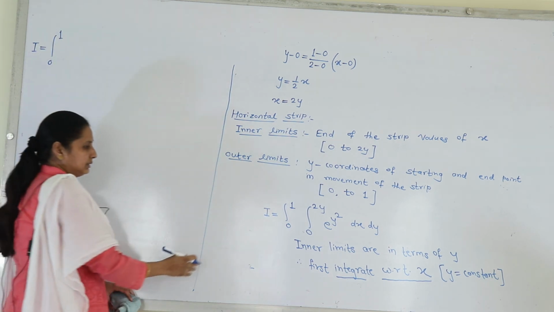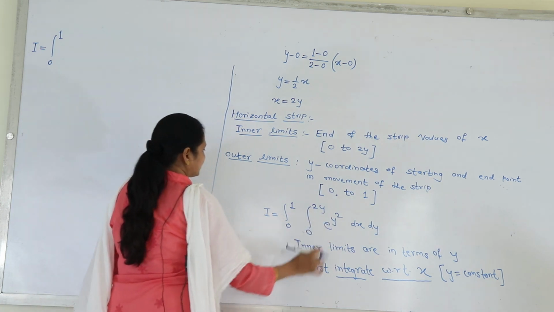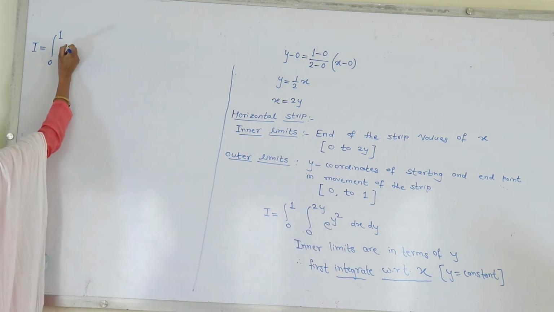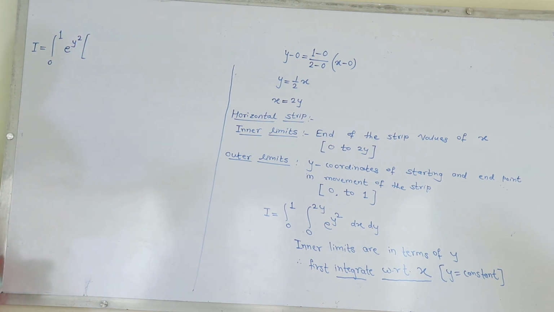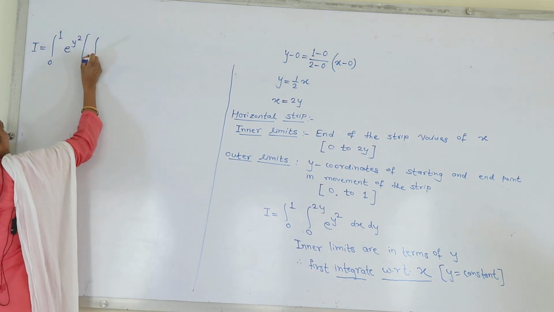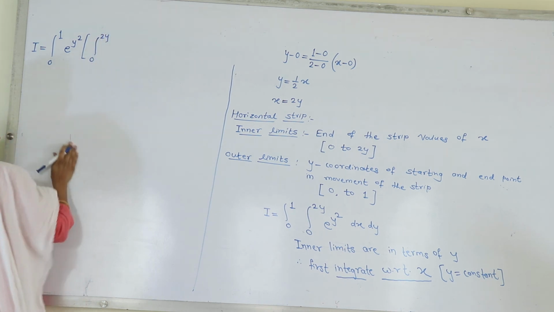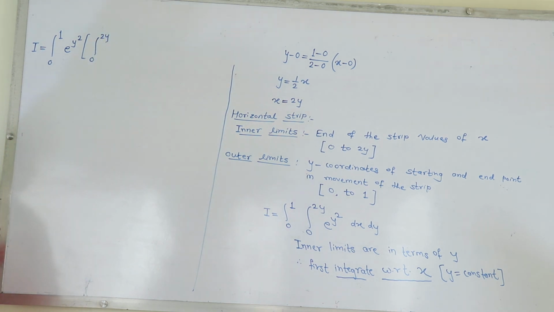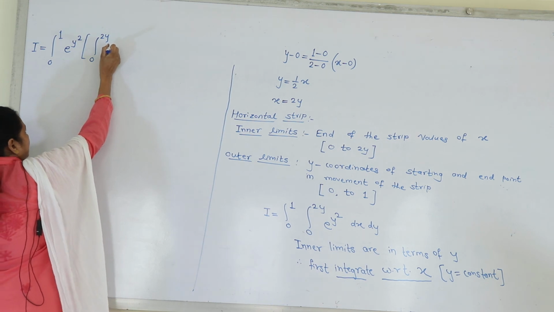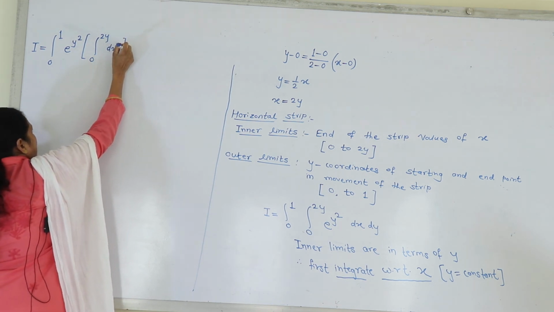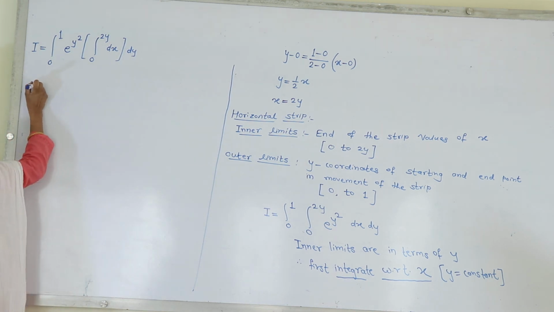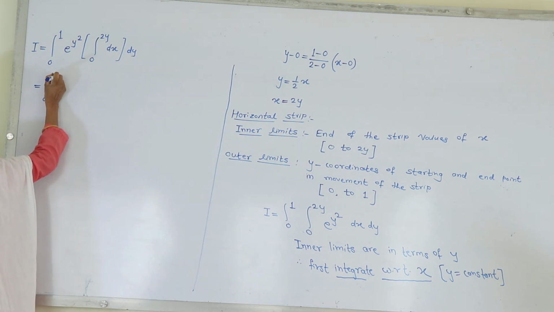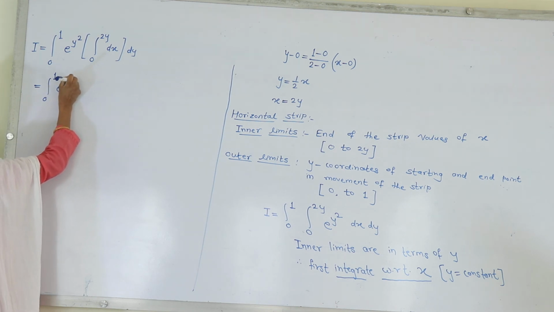Now y is constant, that means e raised to y square term will become constant. Then it should be outside. E raised to y square is a constant term. Now in limit 0 to 2y, x term is absent. Therefore first we have to integrate with respect to x. The term will be only dx, and then outside will be dy. Means 0 to 1 e raised to y square as it is.